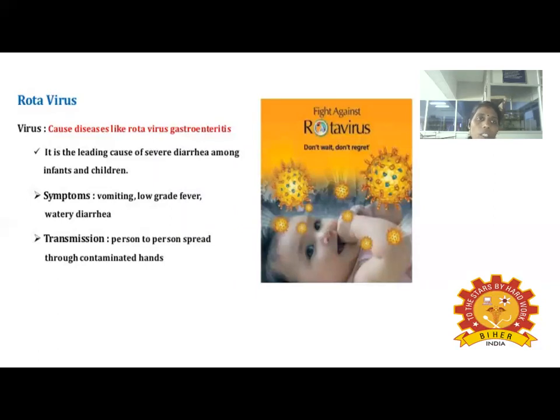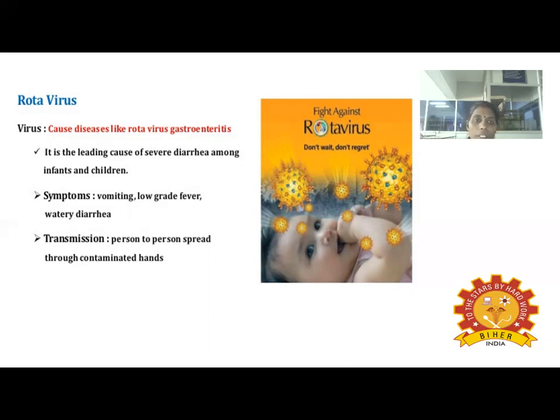Then rotavirus. We know there is the rota vaccine for infants. They give it only to young babies, up to 6 months. The virus causes a disease like rotavirus gastroenteritis.